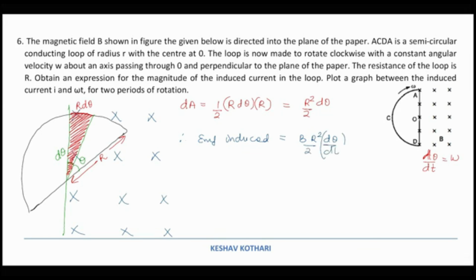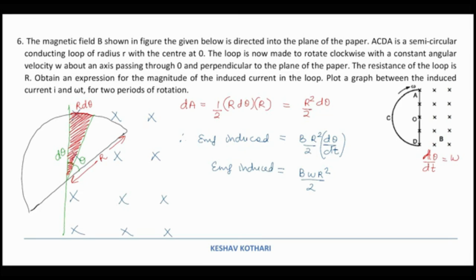The flux is B into dA, so we write B into dA by dt. We calculate the EMF induced, which comes out to be B omega r square by 2. This is the value of EMF induced in this frame.